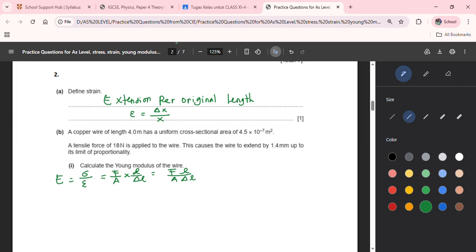Okay, so the Young modulus is equal to force. Force is 18 divided by area.